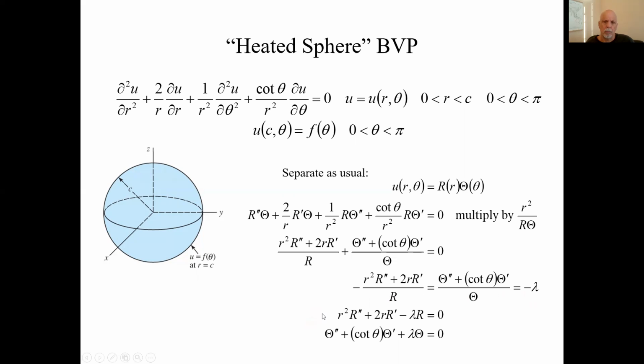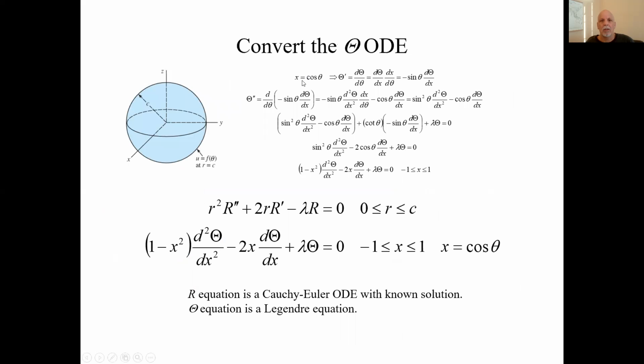They don't look that pretty. This one is a particular Cauchy-Euler equation, and we have the general solution to that. That would be something we tuck away in our formula sheet. This guy is pretty weird looking, so we're going to do some more work on it. And the real work is this substitution. We'll say x equals cosine theta. Then you do some chain rule stuff, variable substitution, and I'm not going to go through all this.